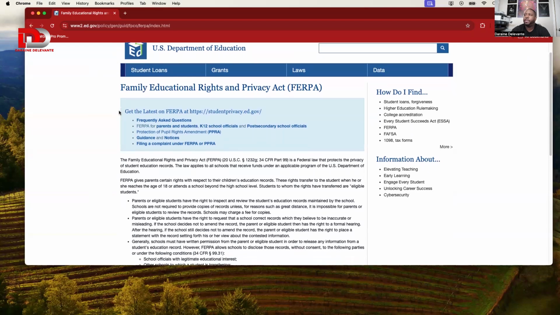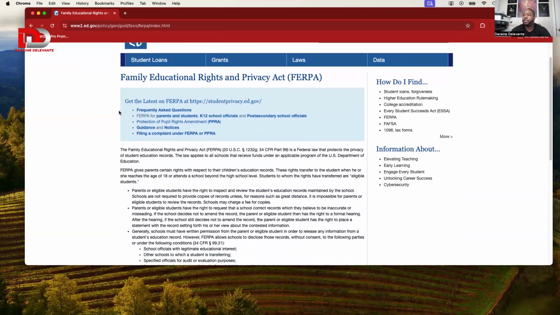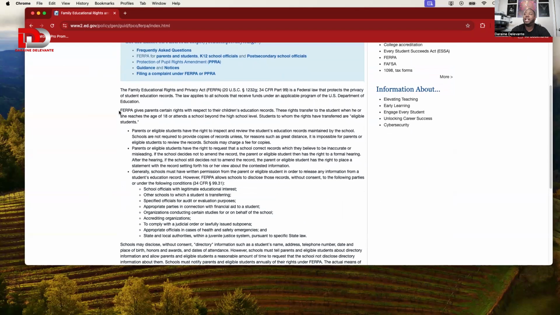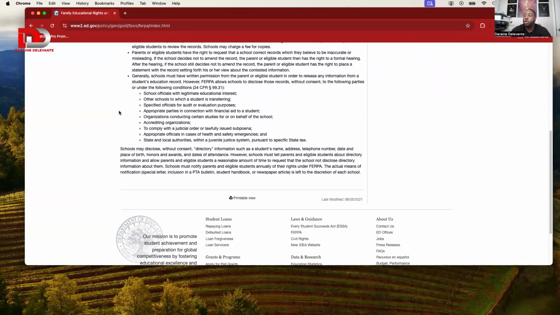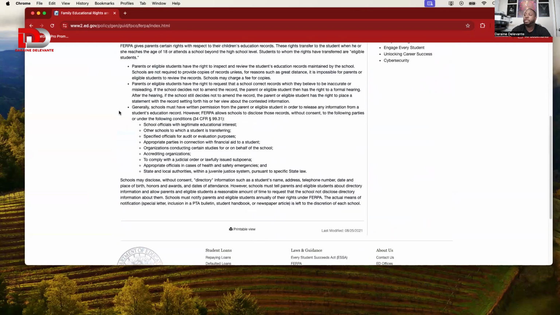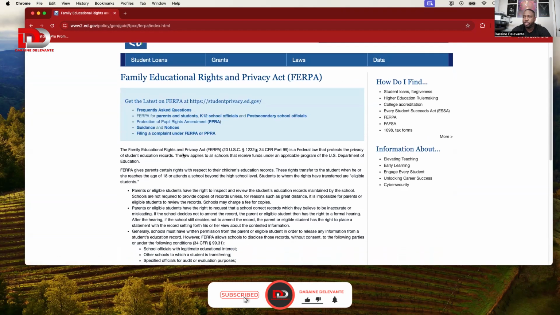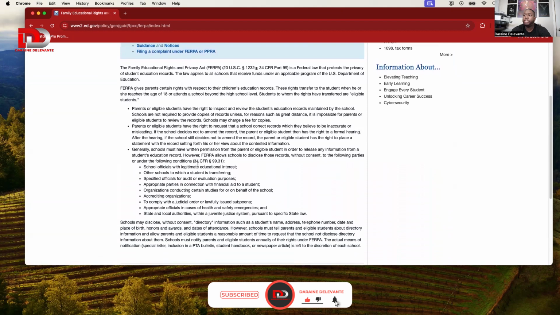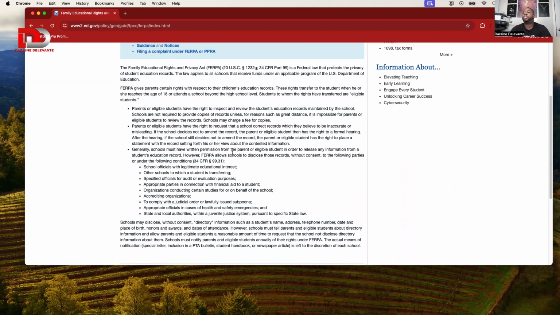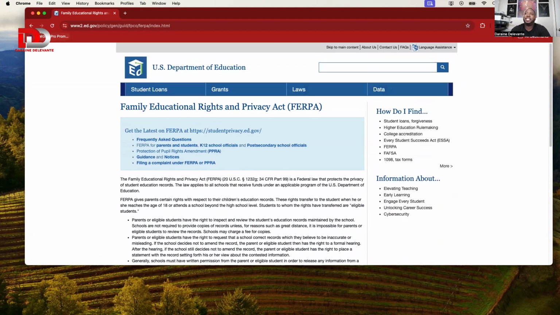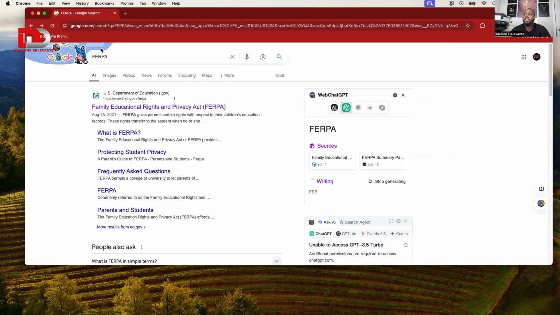Now, this law, the Family Educational Rights and Privacy Act, FERPA, gives you a lot of protection on how your information is to be protected from unauthorized access, right? So it goes into more details, and my letters have this law and how to properly structure this dispute to put inside of your letters to get your student loans deleted.